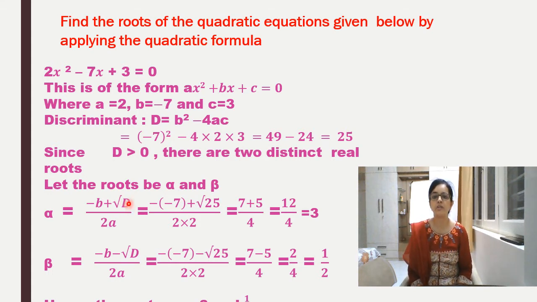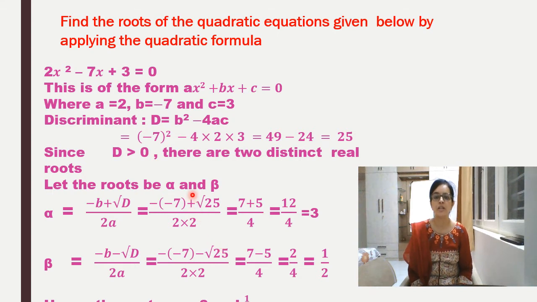Now that is equal to minus, in brackets the coefficient of x, which is b, that is minus 7. So minus of minus 7 plus root 25. First we write plus root 25 when we are finding alpha, and when we find beta, we write minus root 25. That is the only difference in the two formulas.